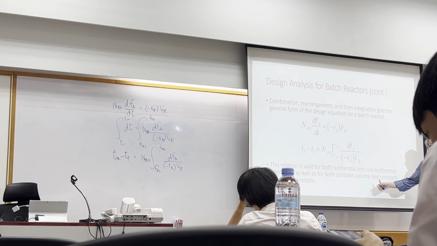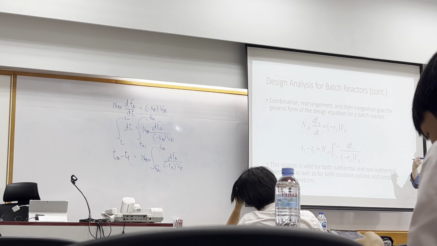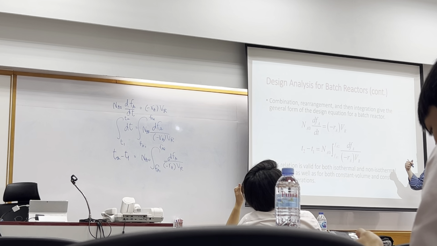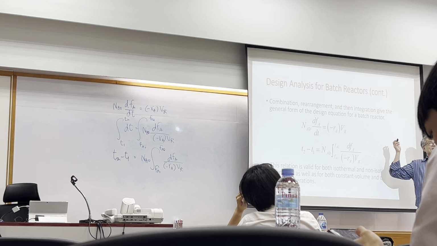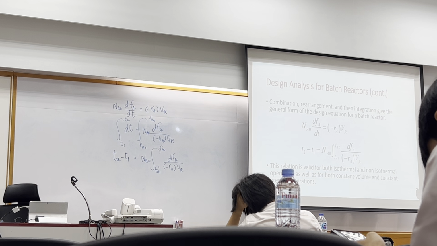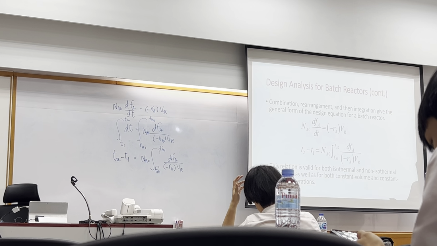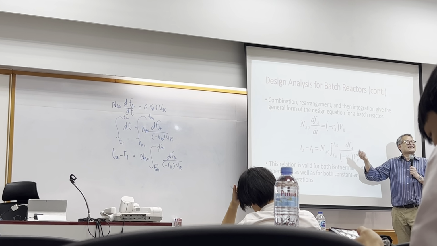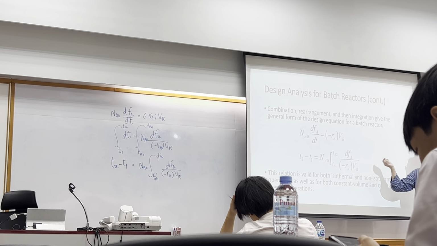And we talked about that: V equal to V0 times 1 plus delta A FA. Go back to chapter 3. It will come back. It's the same course. We learn chapter 3 to come back.